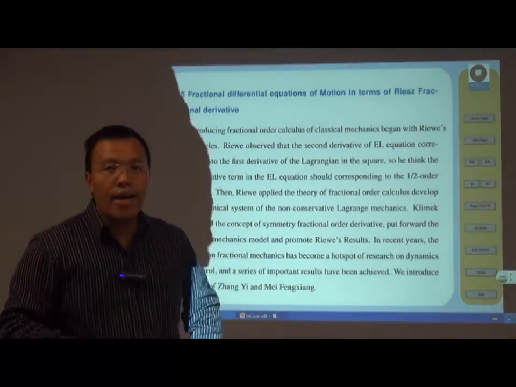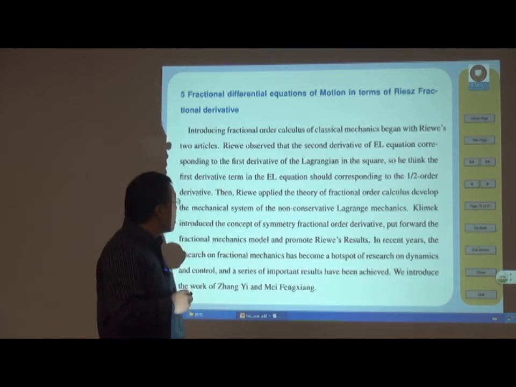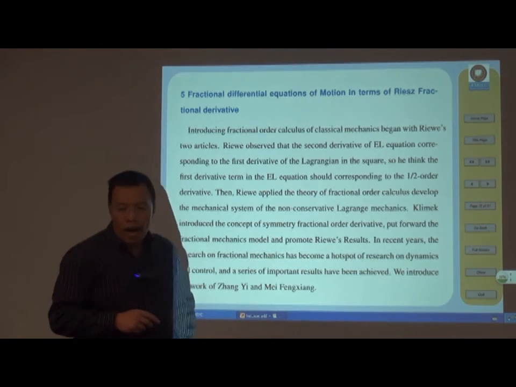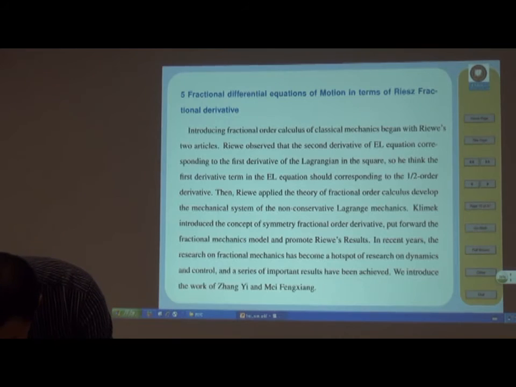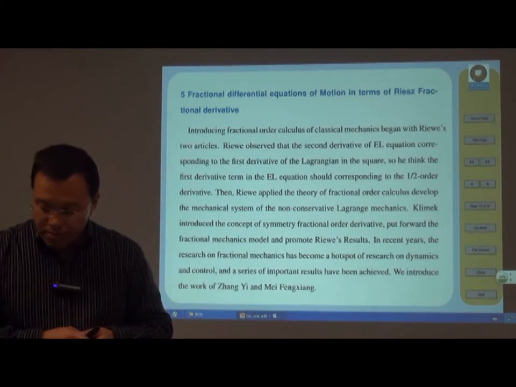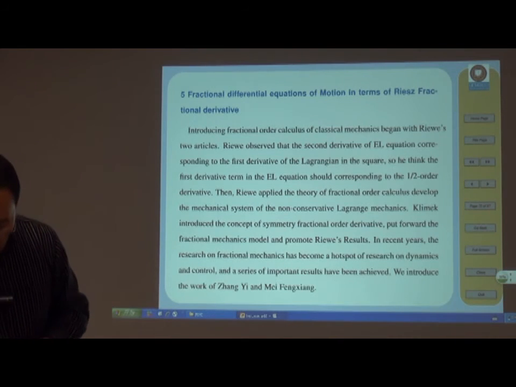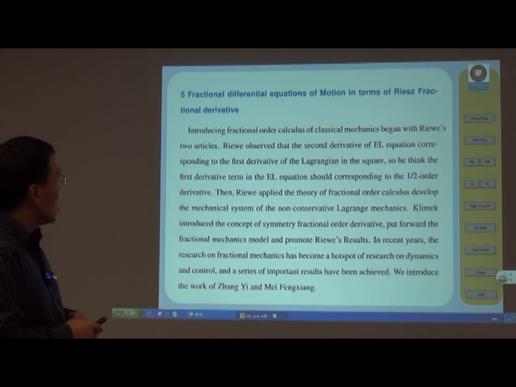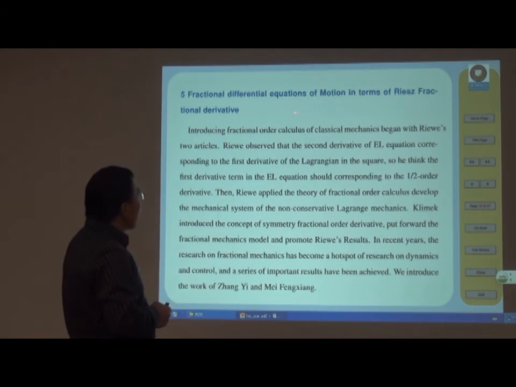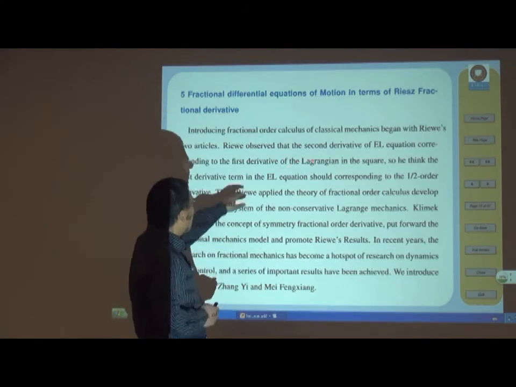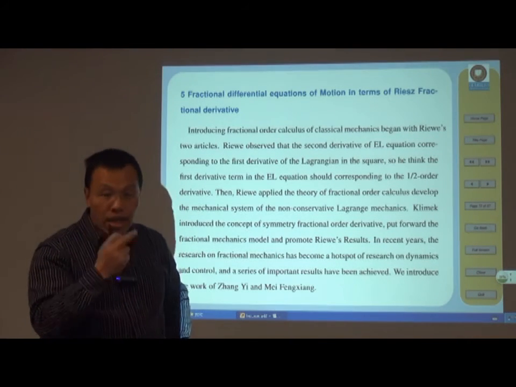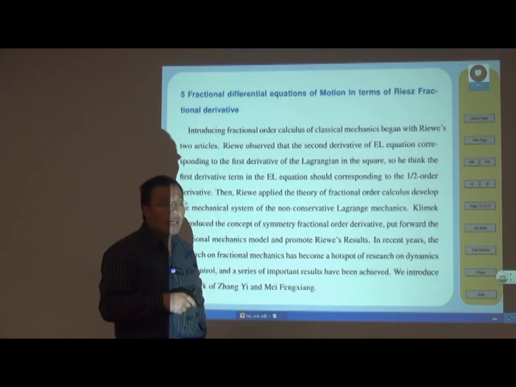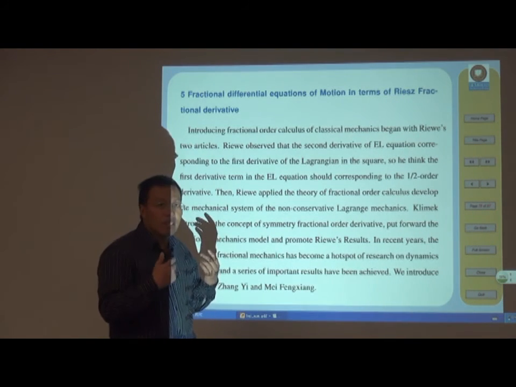Dr. Chen has said that in 1931, Professor Bloch has pointed out that when the equation of motion has the first derivative term, it means the mechanical system is non-conservative, dissipative.